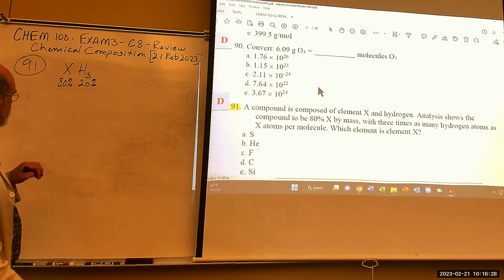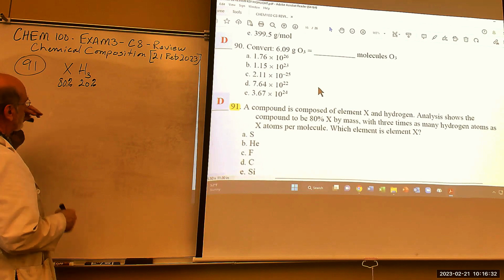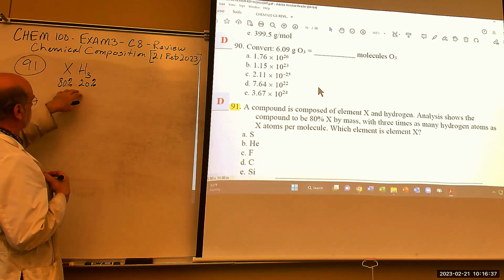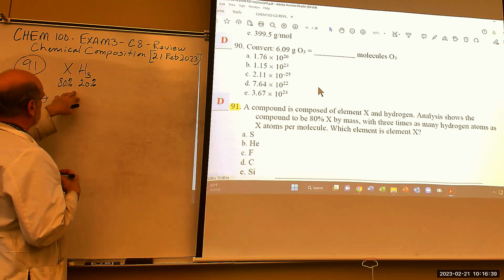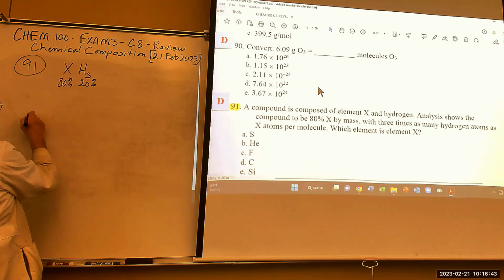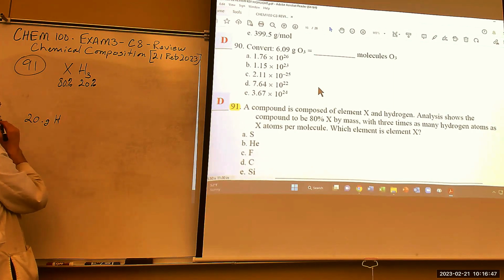Which element is element X? Well, if we know that the mass is 20% hydrogen, then what if we have 100 grams of the sample? Then we have 20 grams of hydrogen, right?